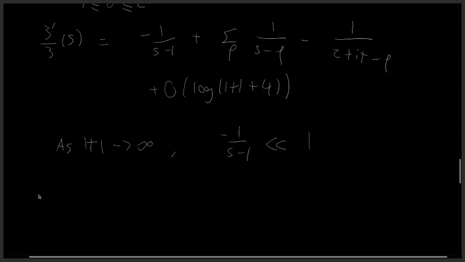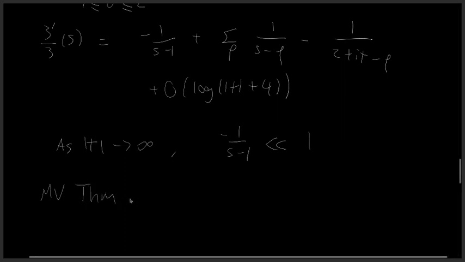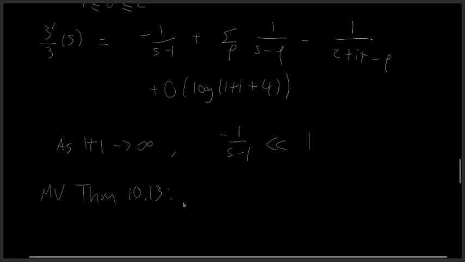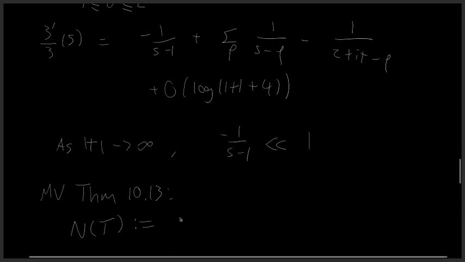So this is Montgomery-Vaughan, and let me check the exact theorem number. Montgomery-Vaughan theorem 10.13. So this theorem requires this notation that N of t is defined to be, so I'm going to write colon equals to mean defined to be.